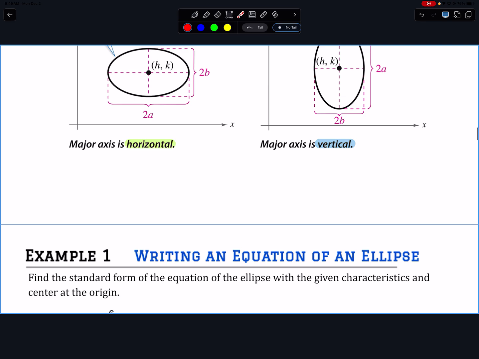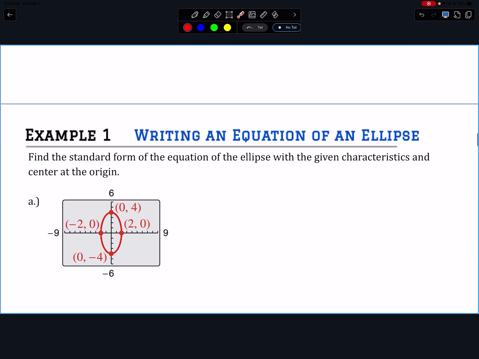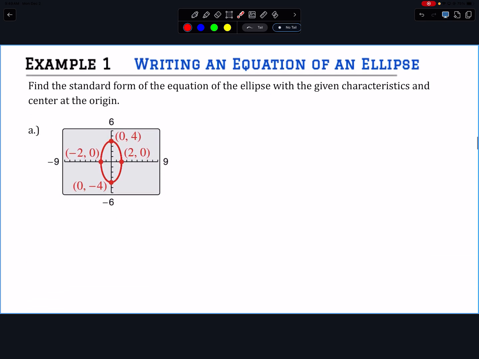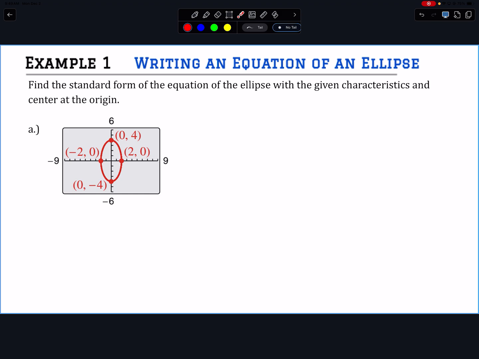All right. So start with an example. Do you guys have this cut out? Okay. So this one's not too bad.